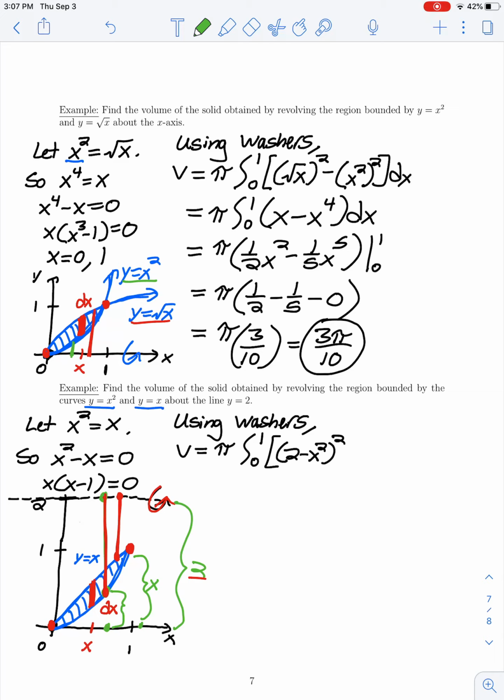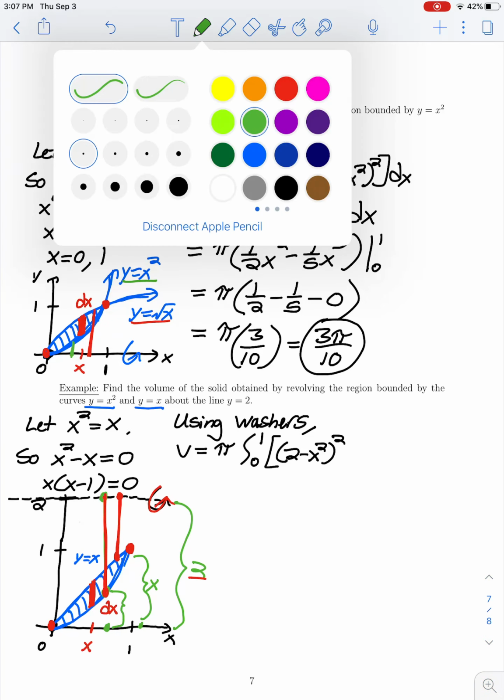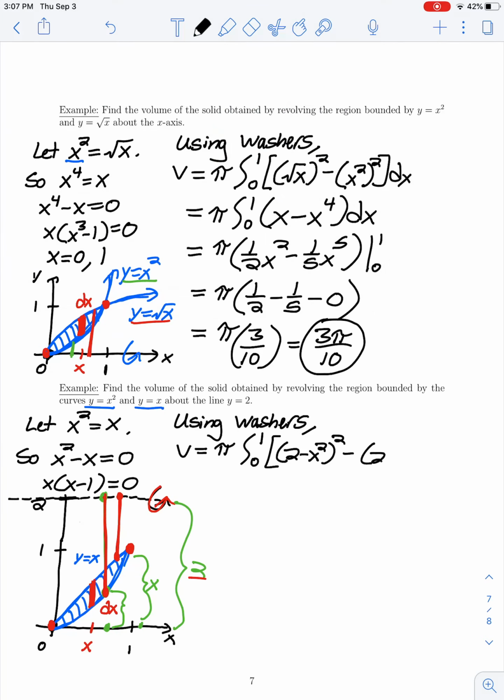And again, the total distance from my axis of revolution to the x-axis is 2. So that distance that I'm after for the inner radius of my washer is found by taking 2 and subtracting x, the distance from my upper curve to the x-axis, and then I'm taking the square of that inner radius, all times the thin thickness of my slice, dx.